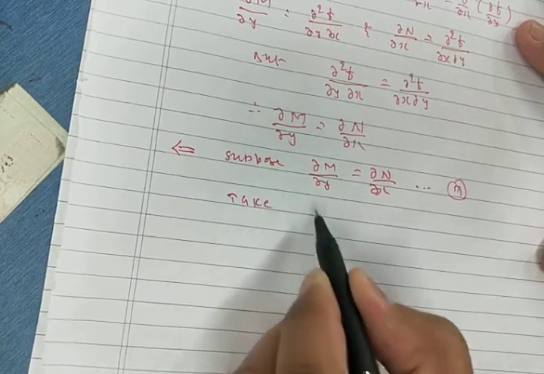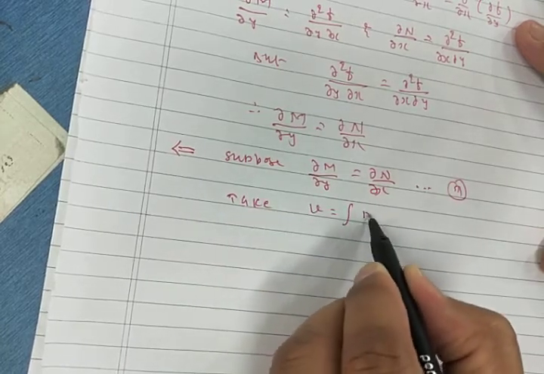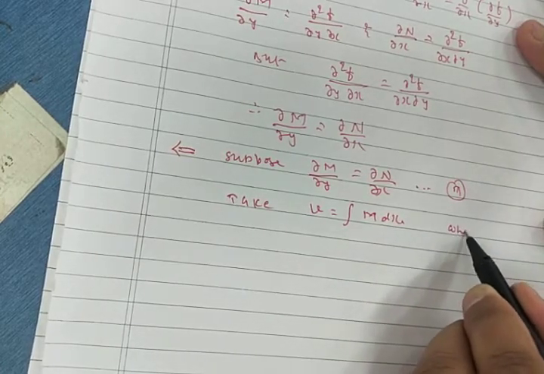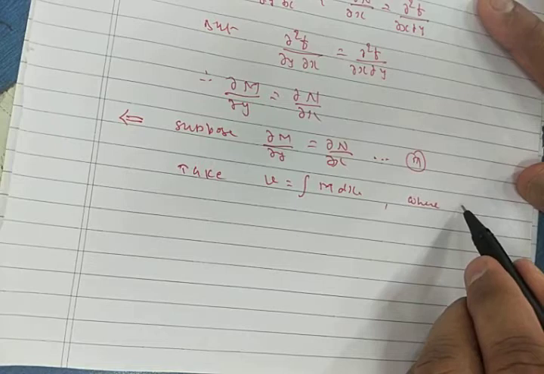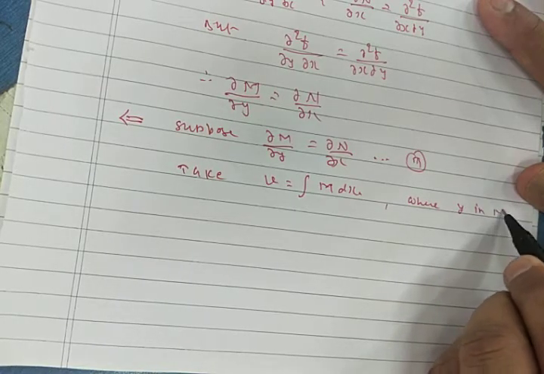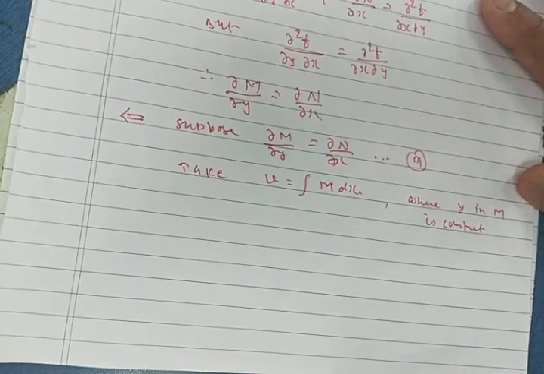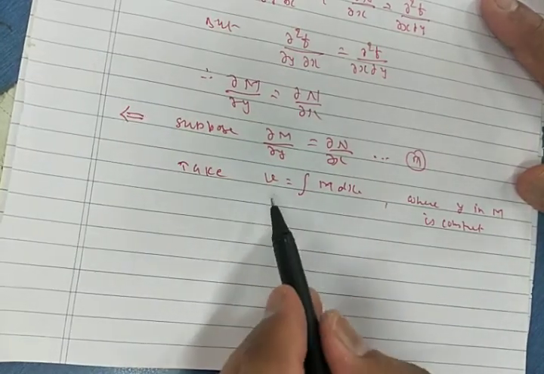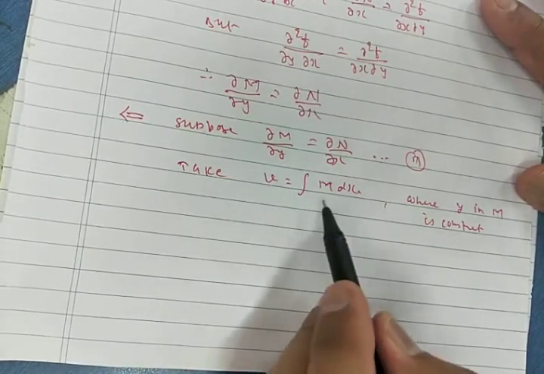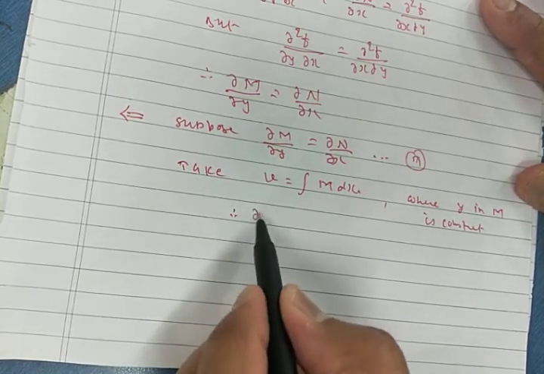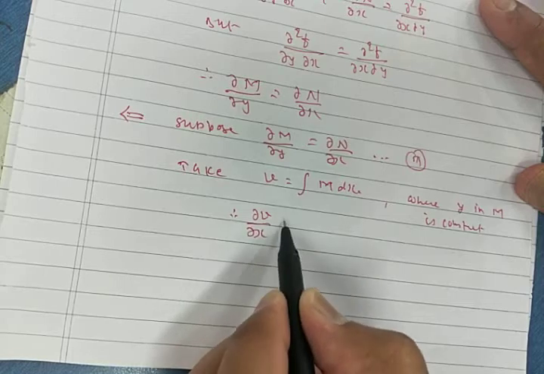Take v is equal to integral m dx, where y in m is constant. We take it like this. Now partial differentiation with respect to x is the same as ordinary differentiation, del v by del x.